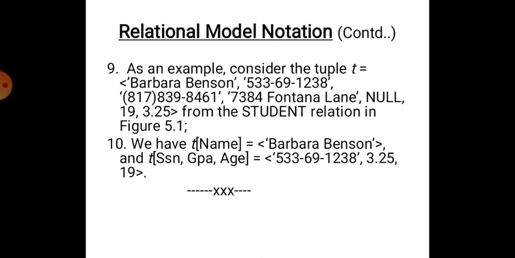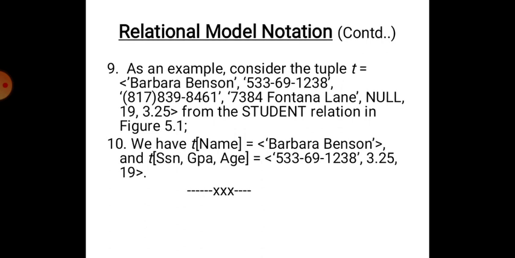So as an example, consider the tuple t whose values are Barbara Benson, which is for the name, then 533-69-1238 is for SSN, 817-839-8461, 7384 Fontana Lane is the address, null are the values, 19 and 3.25. So this is for age and that is for GPA, from the student relation, Figure 5.1.